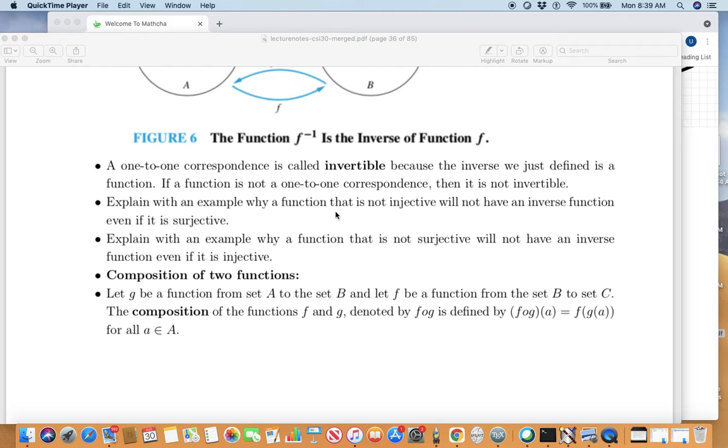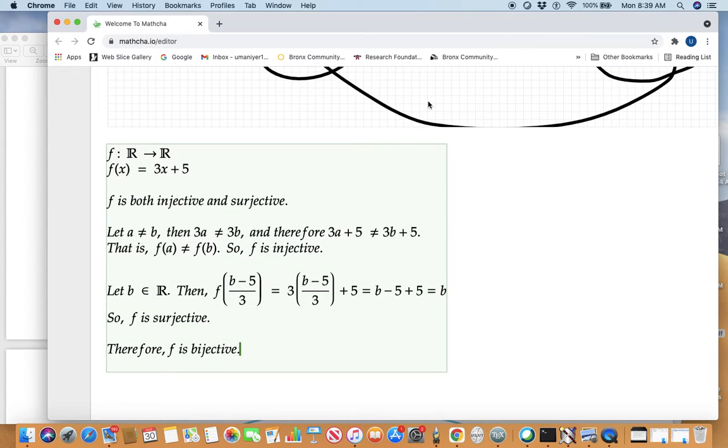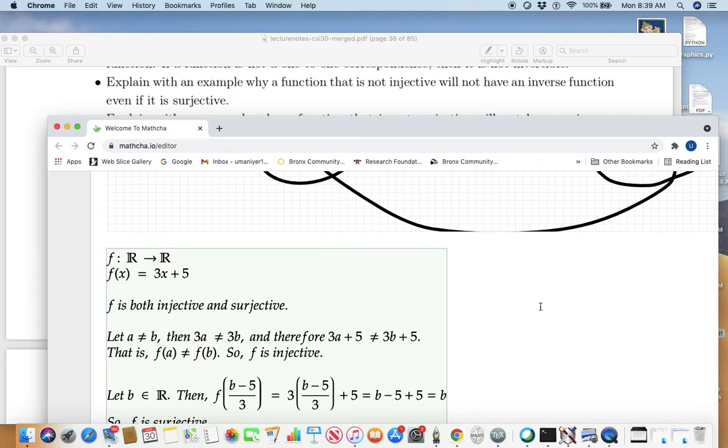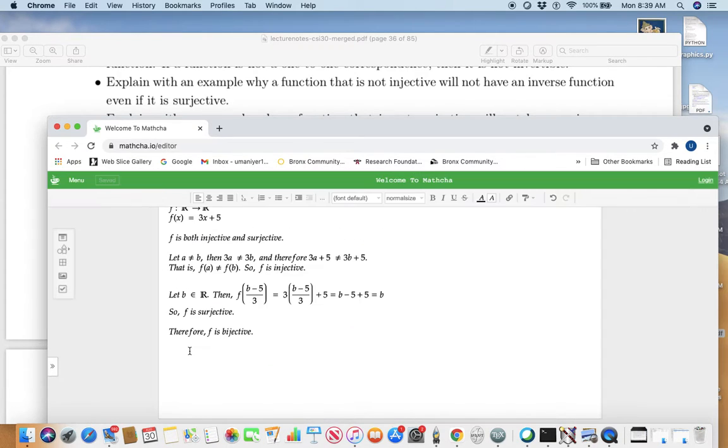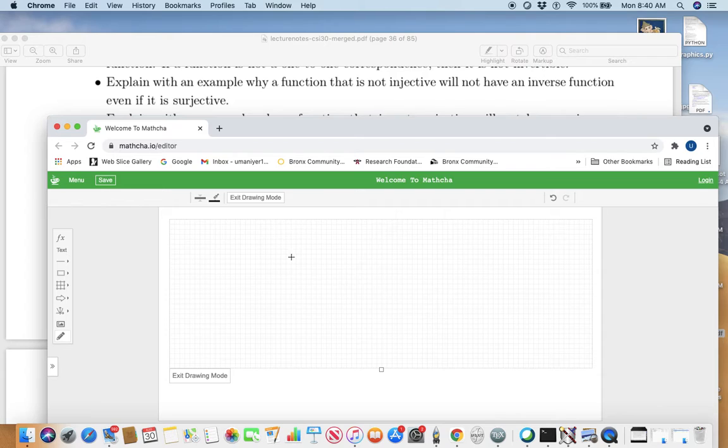Explain with an example why a function that is not injective will not have an inverse function, even if it's surjective. So let's draw pictures and understand this, right? Suppose you have a function that is not injective.